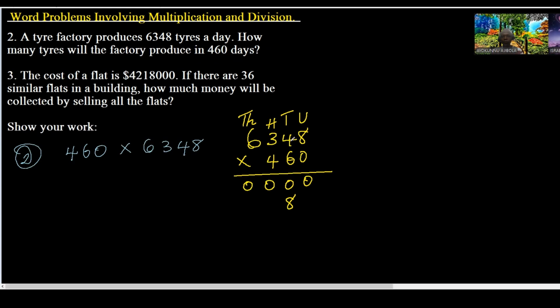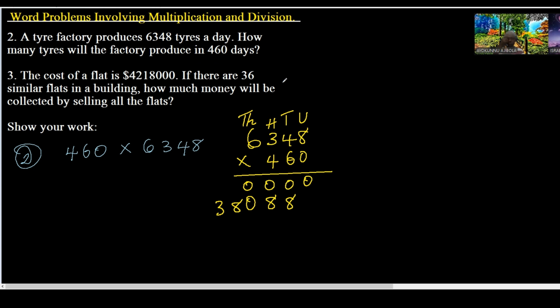Then 6 times 4 is 24 plus 4, that is 28. I keep 2. 6 times 3 is 18 plus 2, that's 20. I keep 2. And 6 times 6 is 36 plus 2, that is 38.